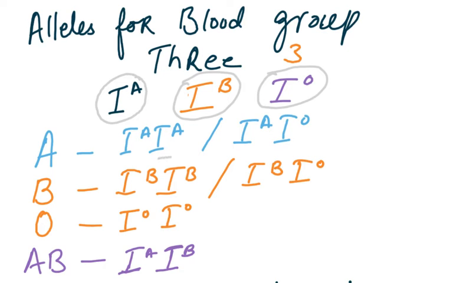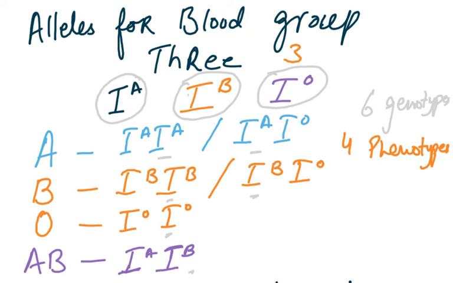Well, we have number 1, number 2, number 3, number 4, number 5, number 6. We have 6 genotypes, but we only have 4 phenotypes. Phenotypes are the ones which we can check or we can see. So this is 1, this is 2, this is 3, and this is 4.